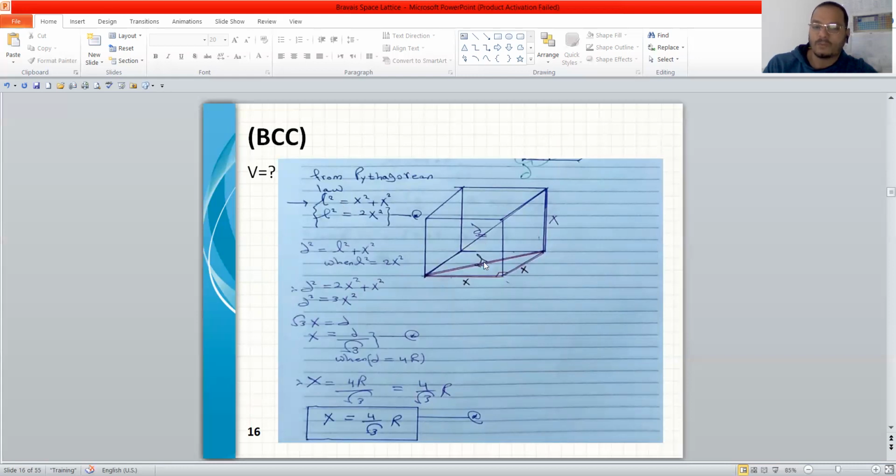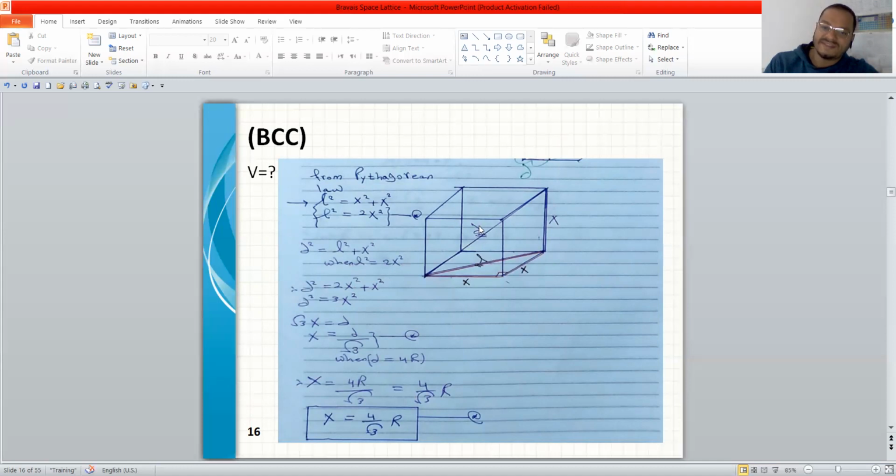By the Pythagorean law, here we have another triangle, a smaller one than the first, with sides L, x, x. From the Pythagorean law, L squared equals x squared plus x squared.